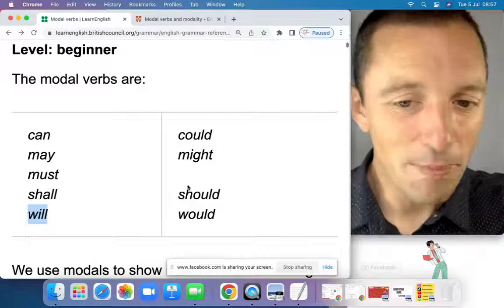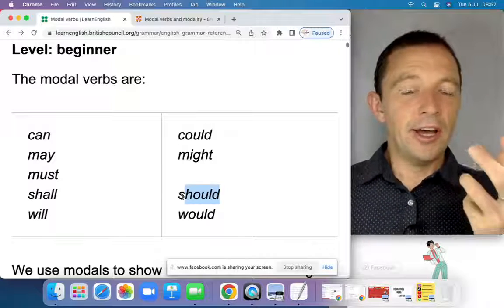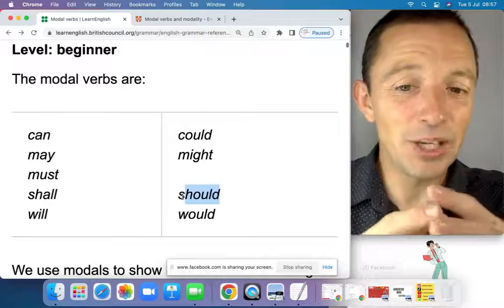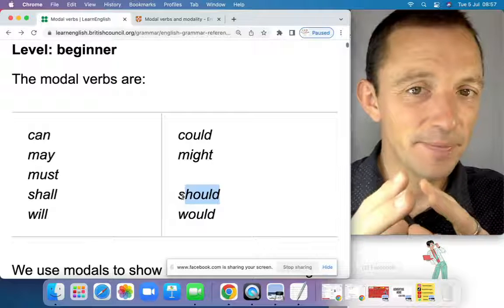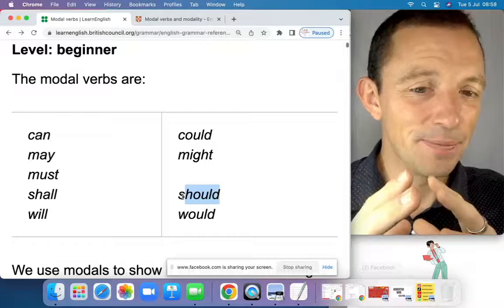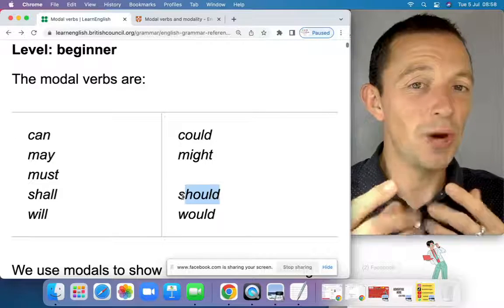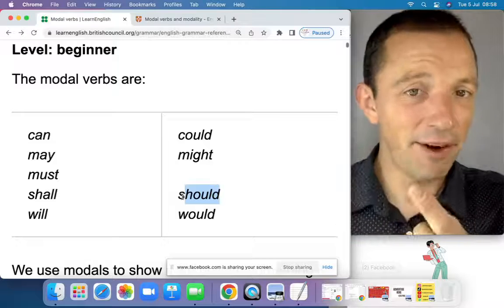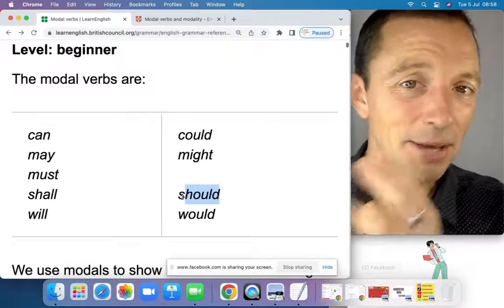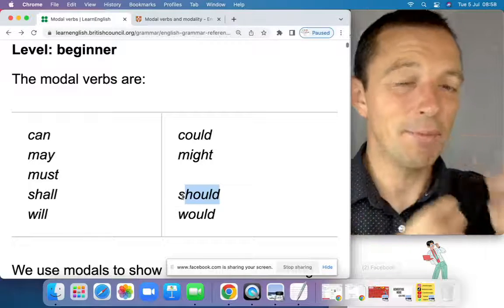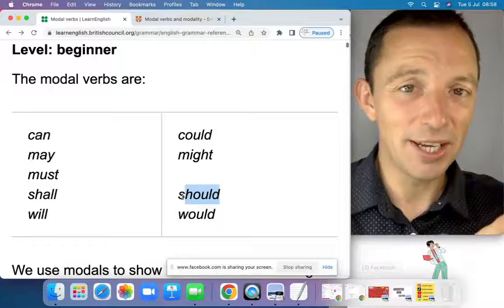Next, we move to the modal verb should. Should is typically used in the context of advice and recommendation. We have many situations when we need to advise your friend, advise somebody, and many situations when we need to recommend something to somebody.